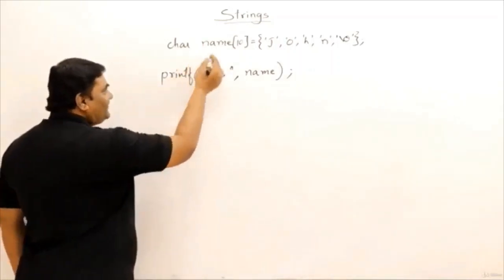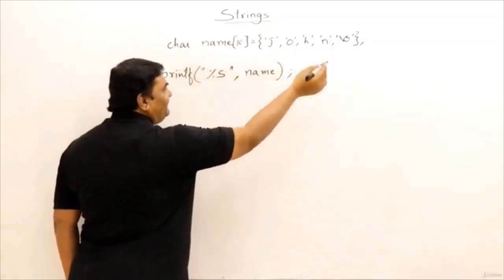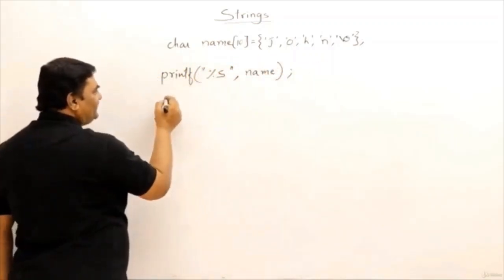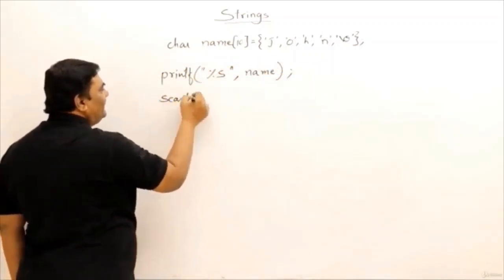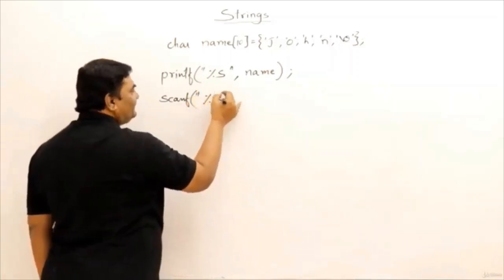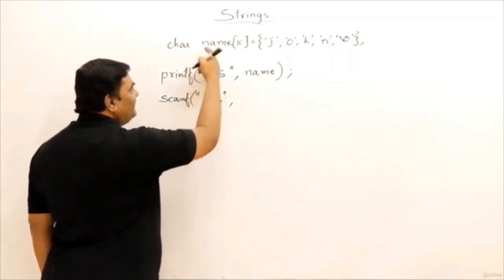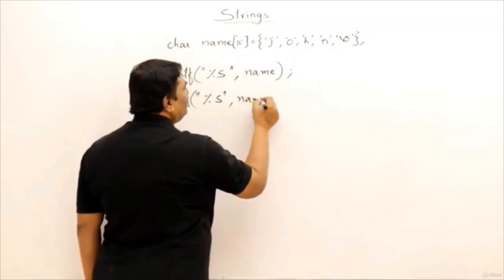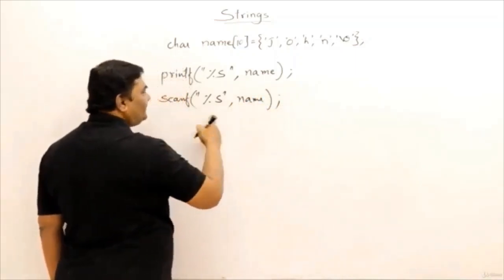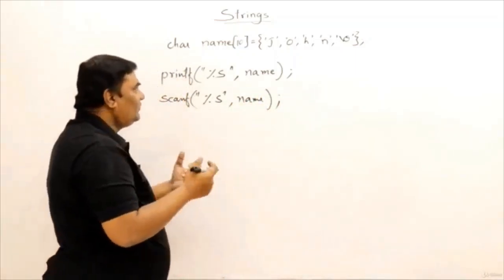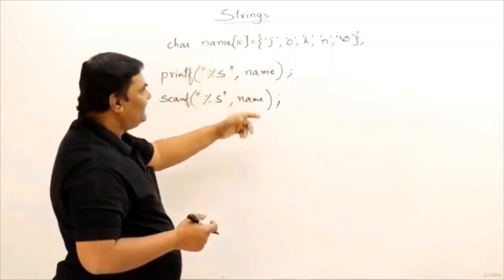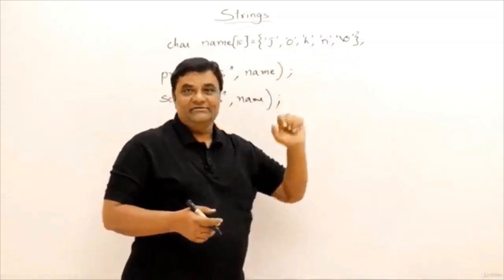Then suppose I want to read some new name, another name in this one, so I can use scanf. Now scanf %s again, so that is for reading a string, and give the name of an array. Yes, scanf can also read a string from the keyboard and store those alphabets there, followed by \0.